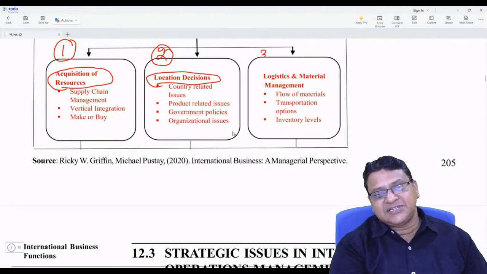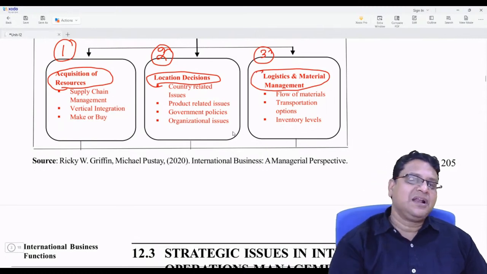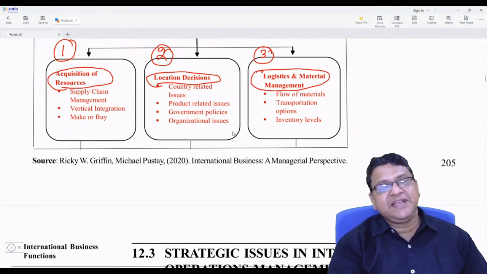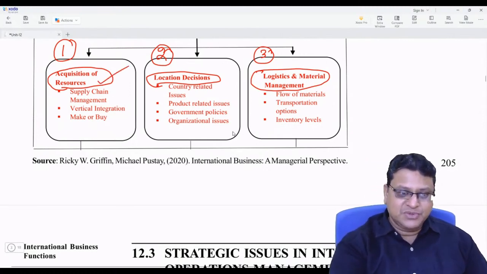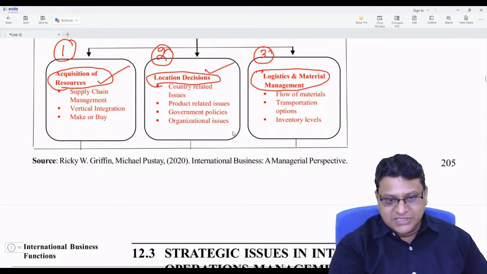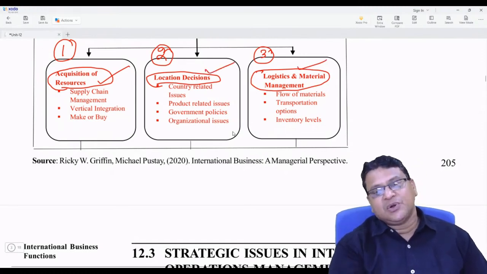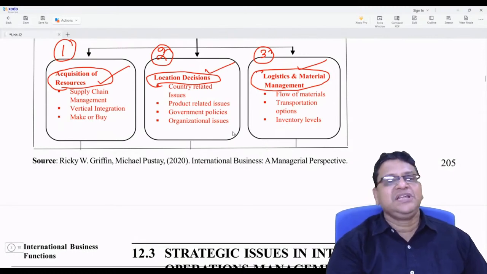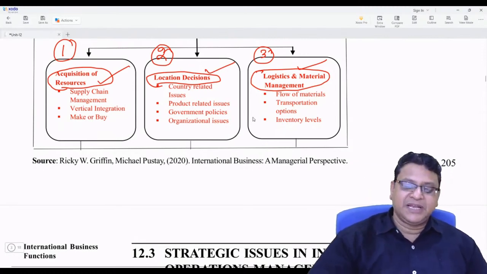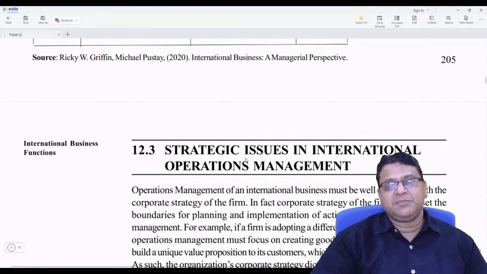And the third decision is logistic management and material management. So international operation management deals with three important decisions: acquisition of resources, location of business, and logistic and material management.